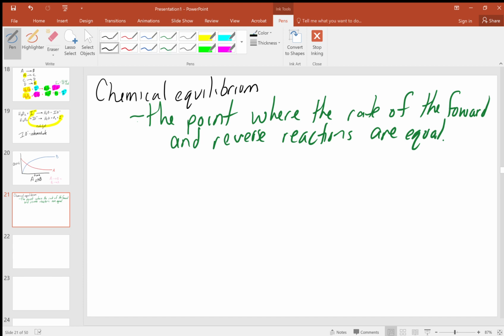Now, just because we say that every reaction is theoretically reversible doesn't mean that it's something we can always see. For example, the reaction of hydrogen gas plus oxygen gas to form water, as written here, is in theory reversible.